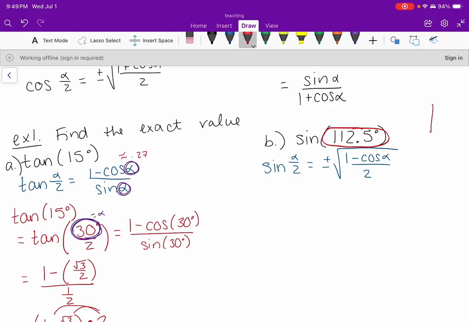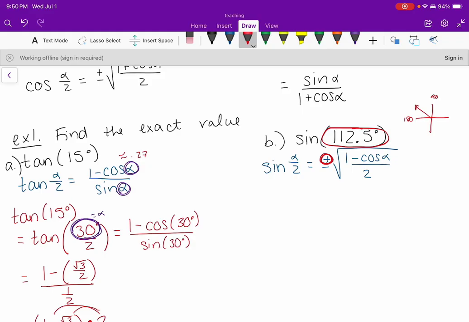So 112.5 is going to be in quadrant 2. It's bigger than 90 but less than 180. Sine is positive in quadrant 2, so that's going to make this positive. If that had been in quadrant 3 or quadrant 4, then we would have picked the negative on the outside of that square root because sine would be negative in those quadrants.